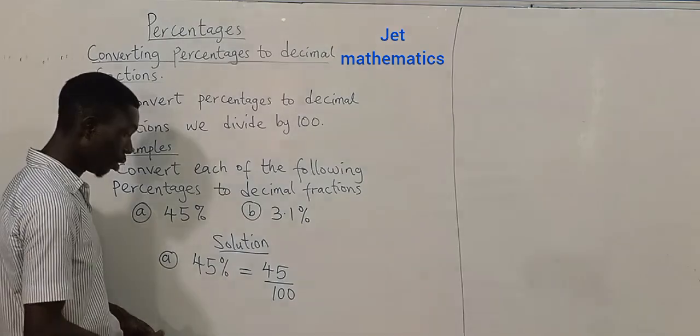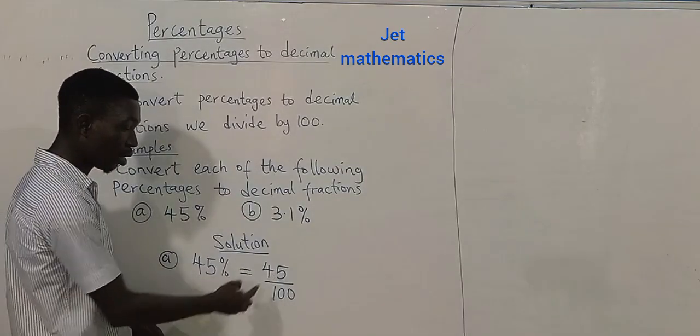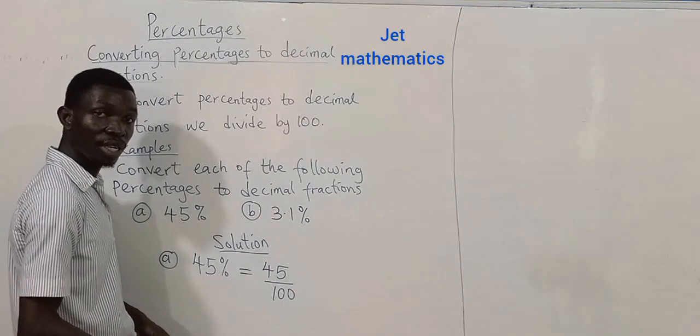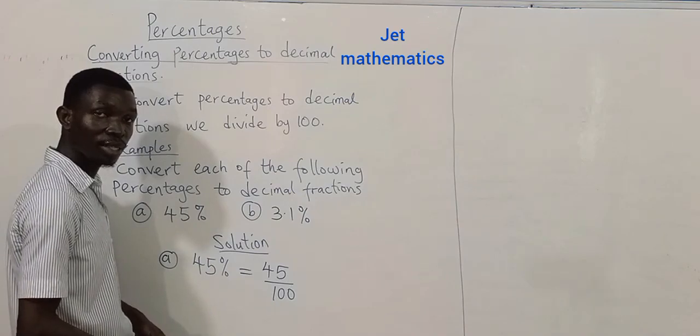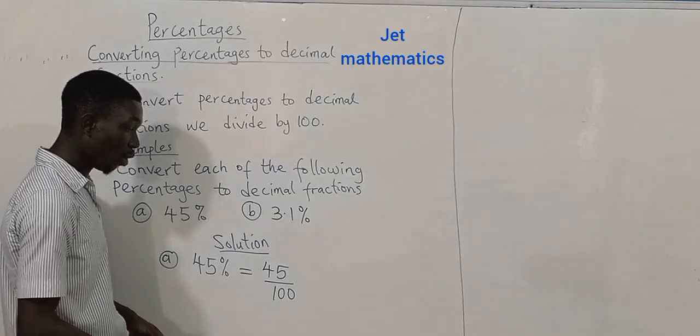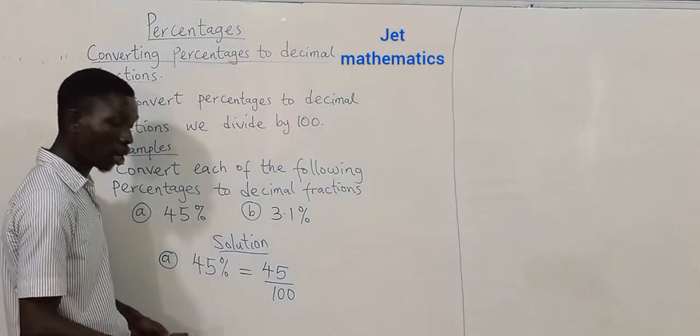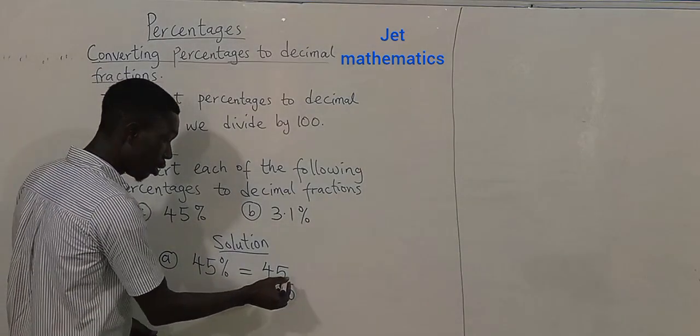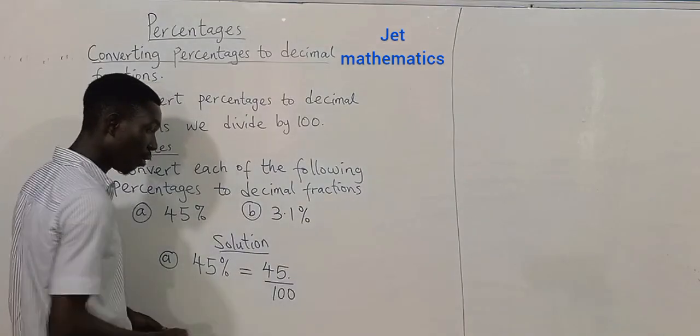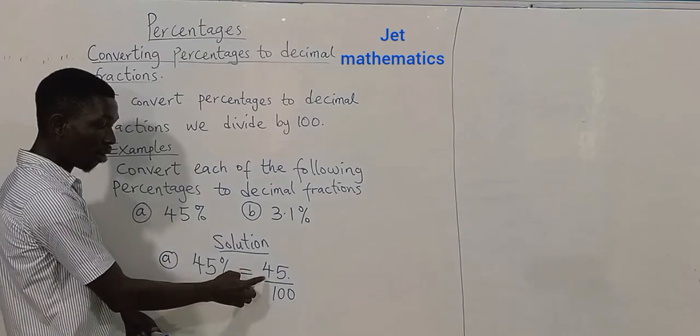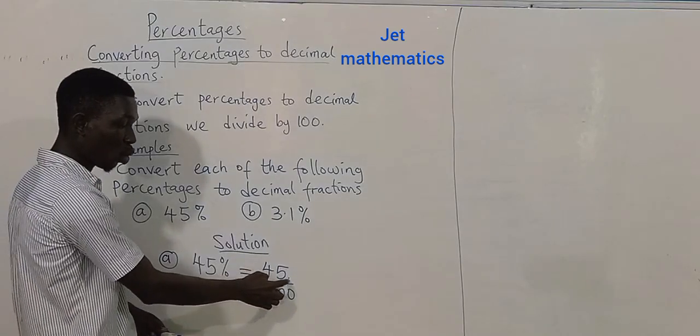To do that, the number up here at the numerator is 45. It's a number without a decimal place. For every number without a decimal point, the decimal is at the end of the number. So I have it here, 45 point.